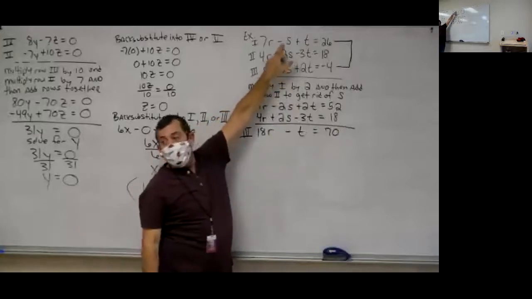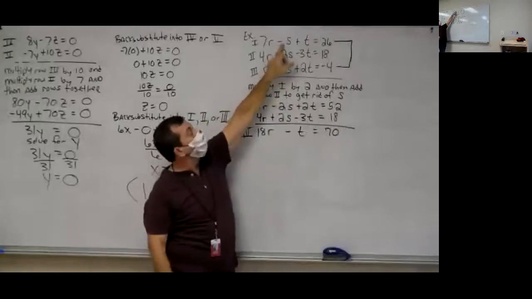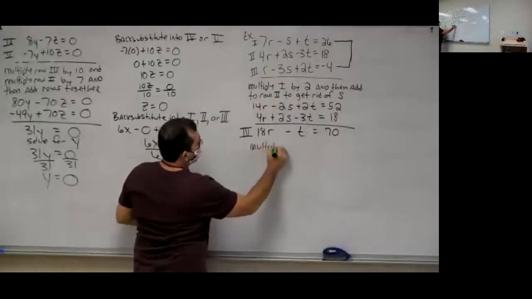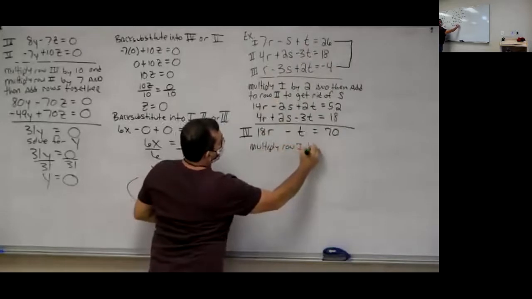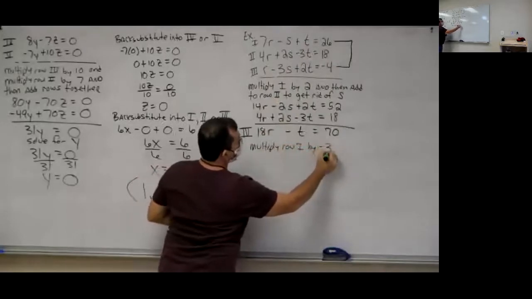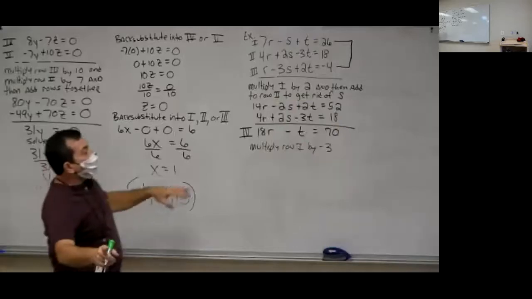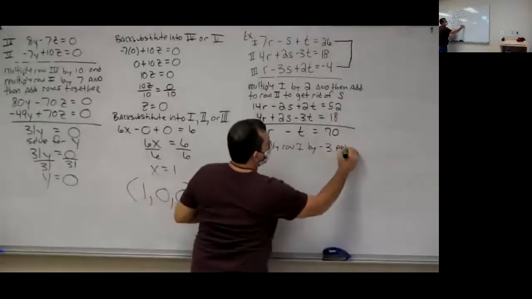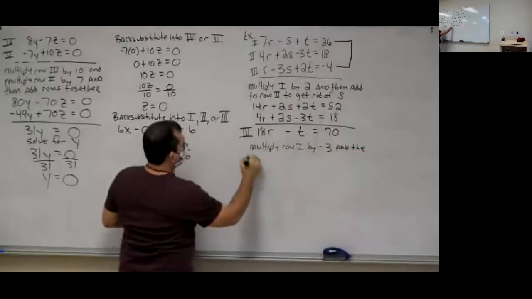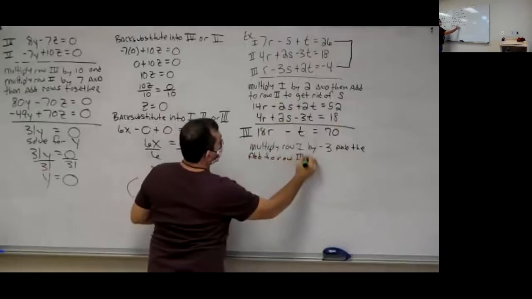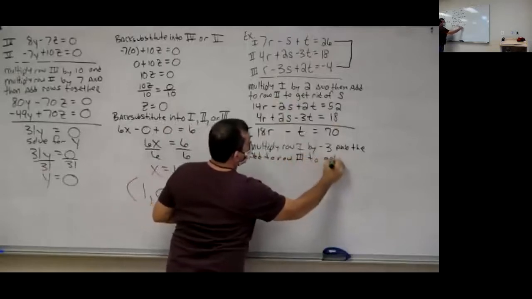So if I want to eliminate an S, and that's a -1S, I'm going to multiply row 1 by... I'm sorry, negative, right? Since they're both negative, I have to multiply that by a negative to change its sign, but then add to row 3 to get rid of S.